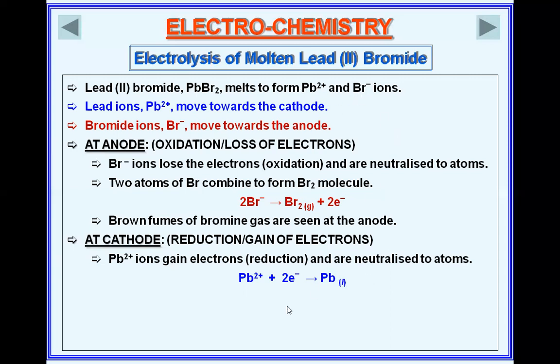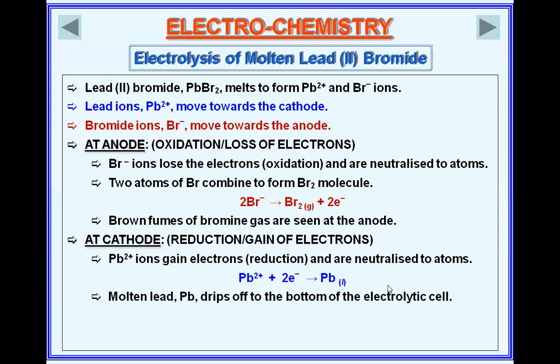In all the molten cases, all metals obtained at the cathode are found in the molten form. So molten lead, molten magnesium, molten sodium, molten aluminum, any metal discharged at the cathode is found in the molten state, so it can be evacuated at the bottom of the electrolytic cell.